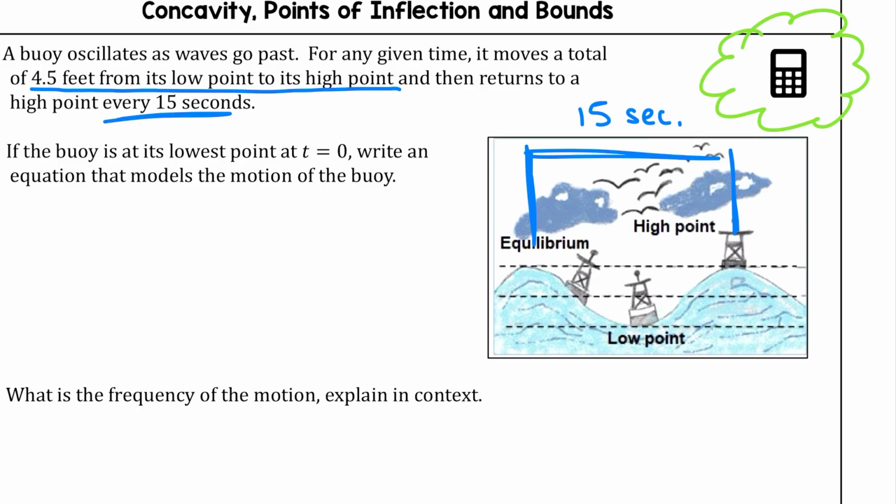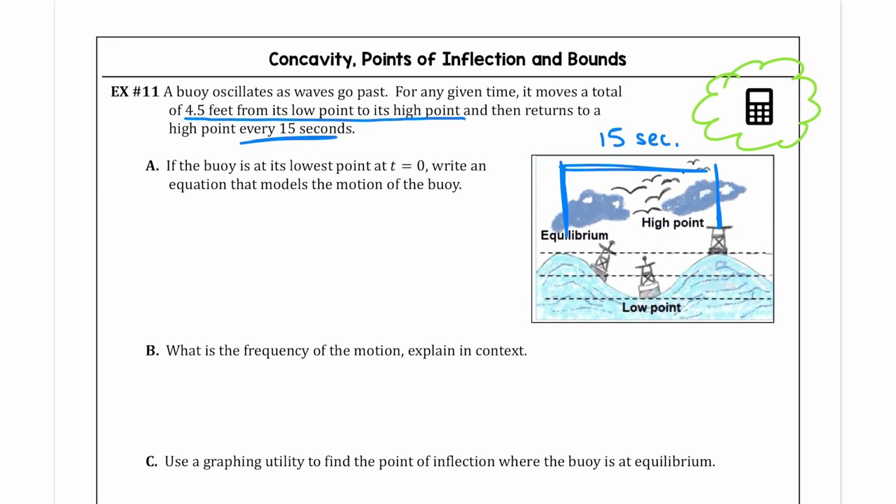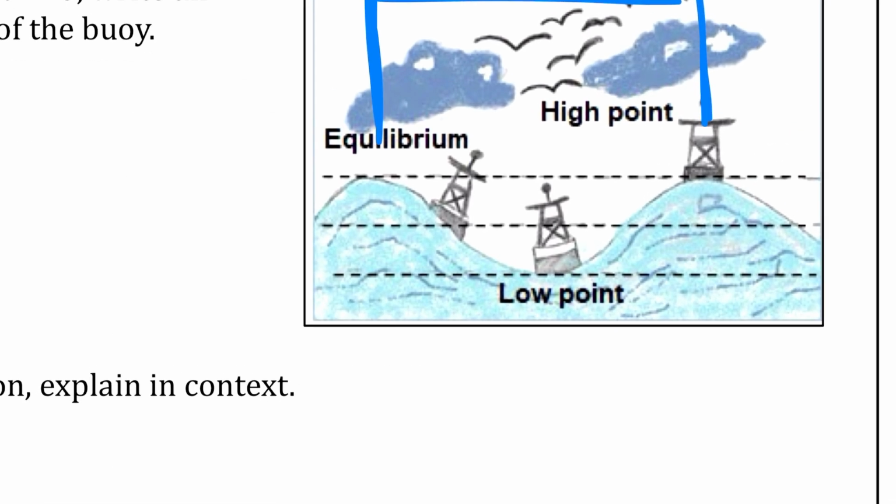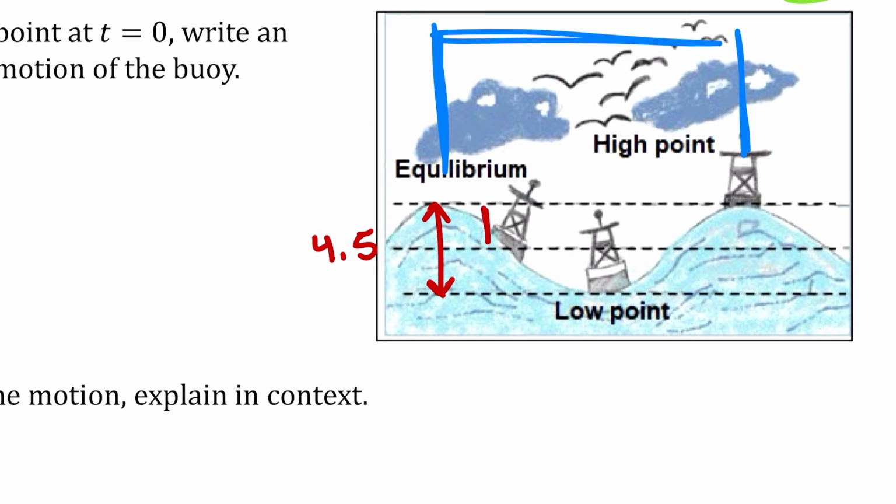All right, and then there's this 4.5 feet from its low point to its high point, all the way from the lowest to the highest. They're not exactly giving us our amplitude though, because our amplitude would only be half of that, right? They're saying this entire thing total is 4.5, but our amplitude is only half of that.